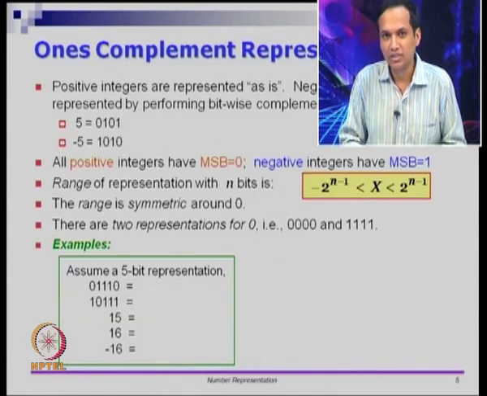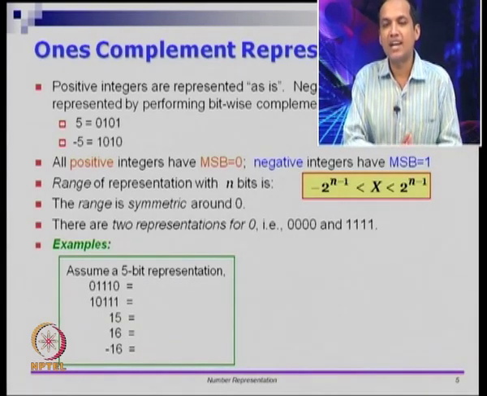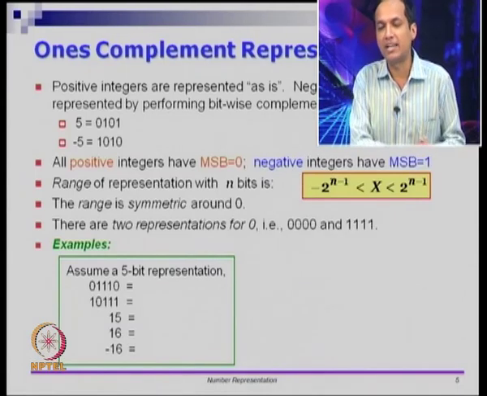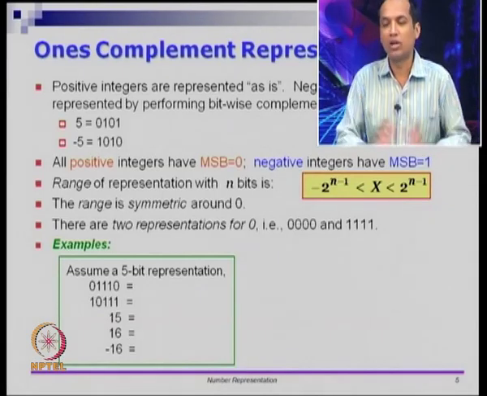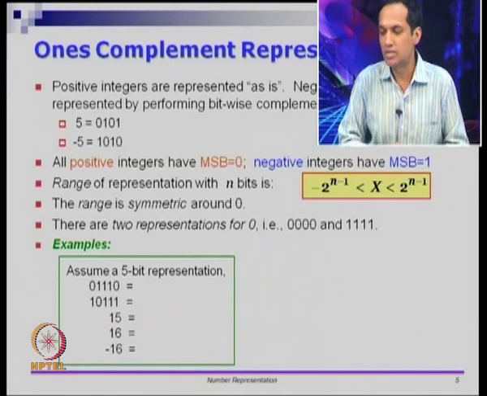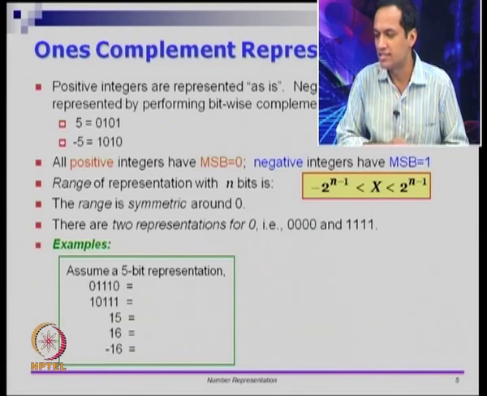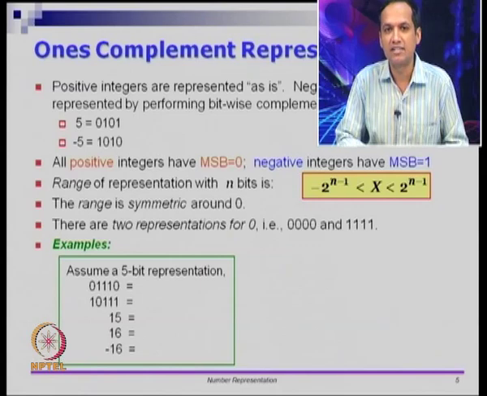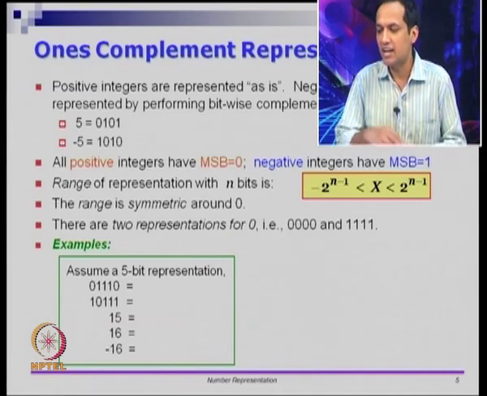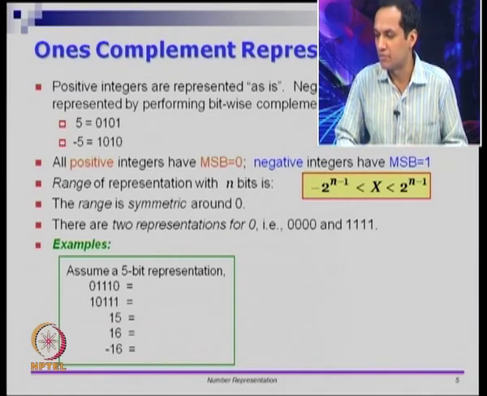So, already 16 requires 5 bits, even in the unsigned form. You cannot represent 16 using only 5 bits in the signed interpretation as well as in the 1's complement interpretation.